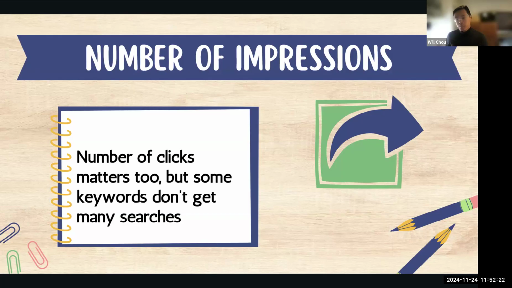Let's say you have one keyword you're bidding on and the conversion rate is great, the click-through rate is great, but it only gets 10 searches a month. But then you have another keyword and it gets 10,000 searches a month. It's just a lot more popular and commonly searched keyword.